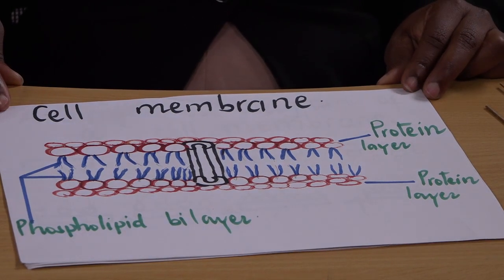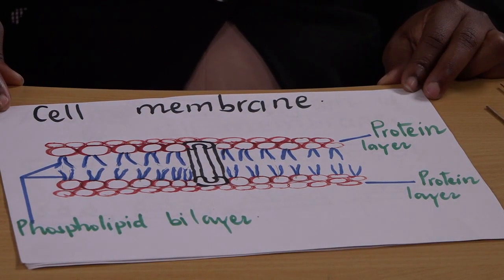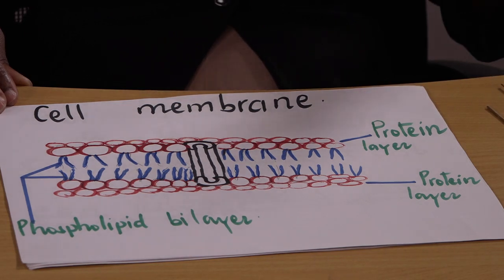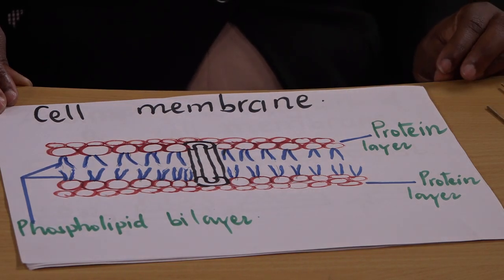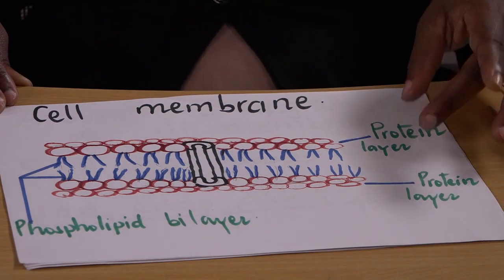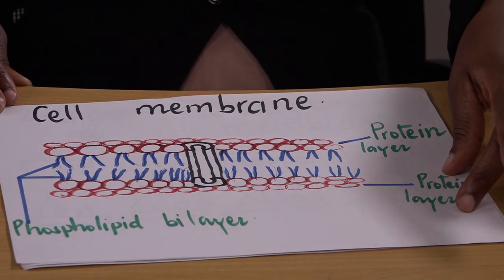The cell membrane is a double-walled membrane. It has the outermost part and the inner part. Those two outer and inner parts are made up of proteins, so it has a protein outer layer and a protein inner layer.